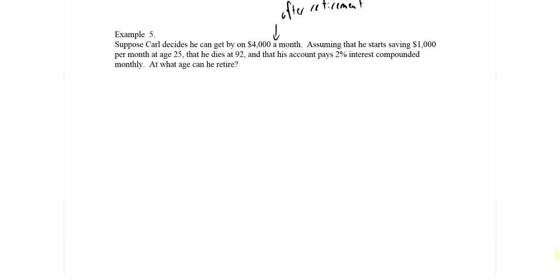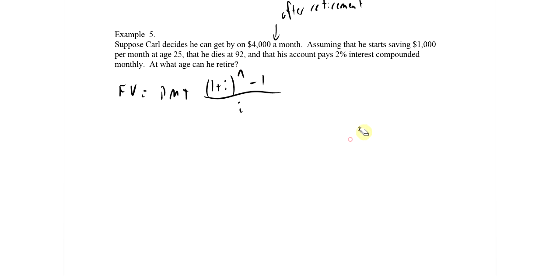We know that future value equals payment times 1 plus i to the n minus 1, over i. For this problem, what do we know?